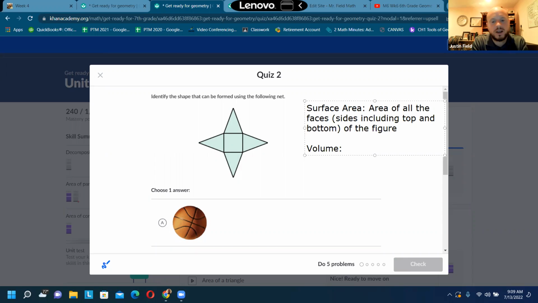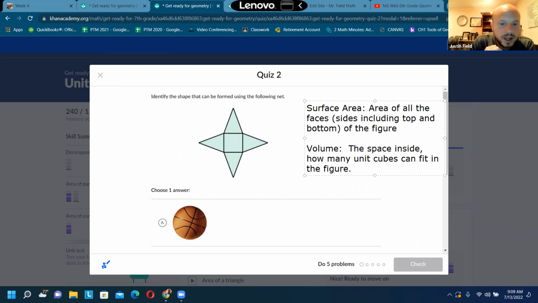And the volume is the space inside. How many unit cubes can fit in the figure? So, you know, like a little block that is 1 by 1 by 1. How many of those you could put in the figure?